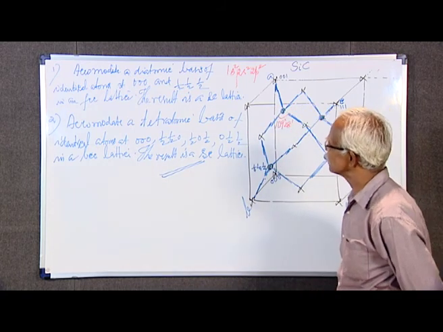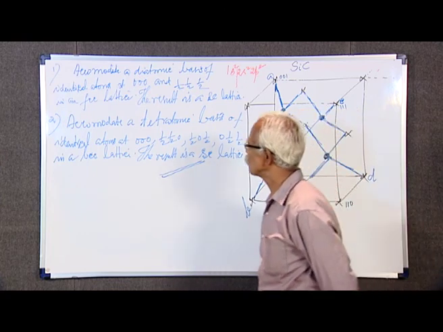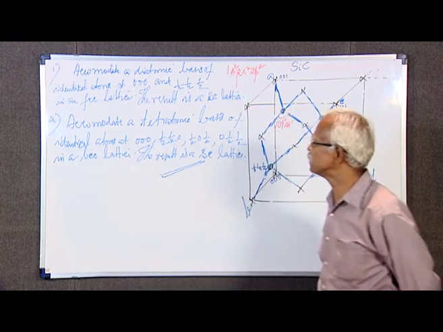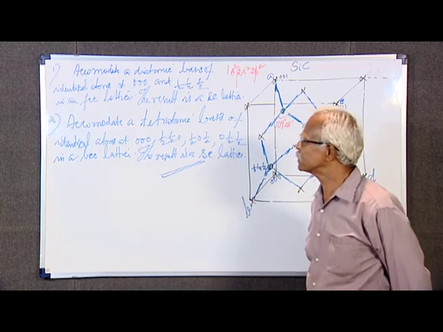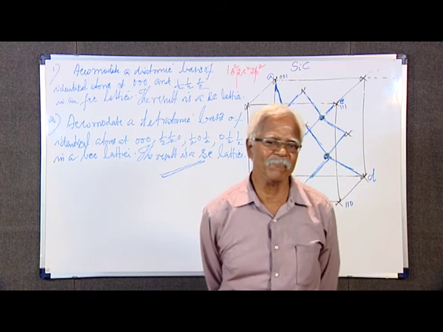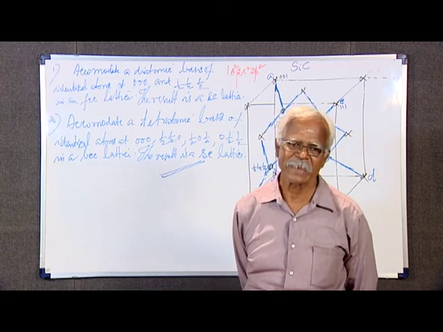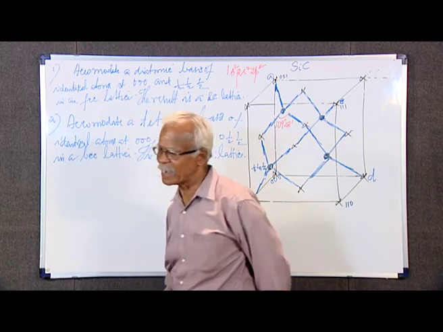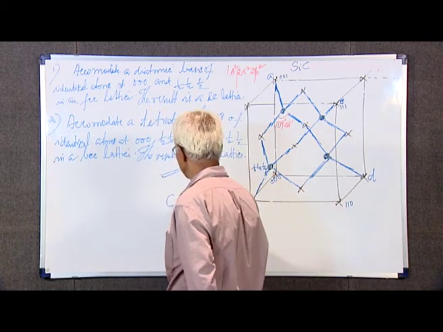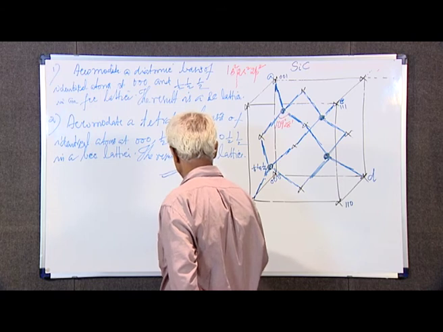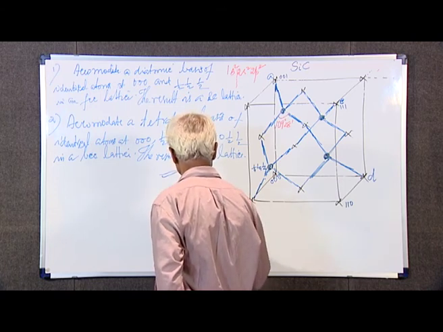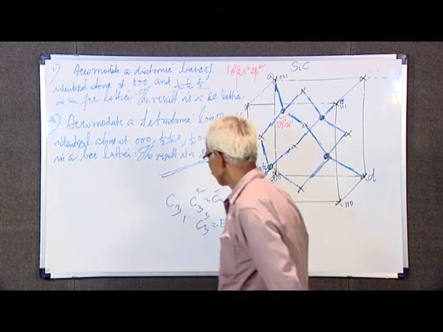The important thing I want to convey is that BCC and FCC are something like group theoretical inverses. For example, in group theory, C3 squared equals C3 inverse, and C3 cubed equals identity.